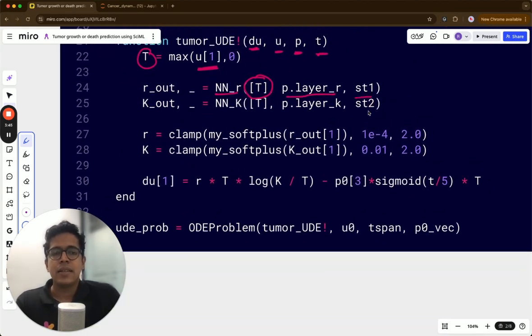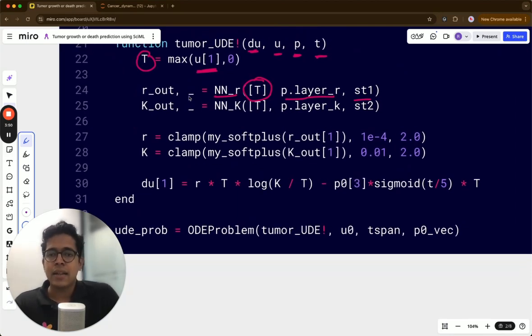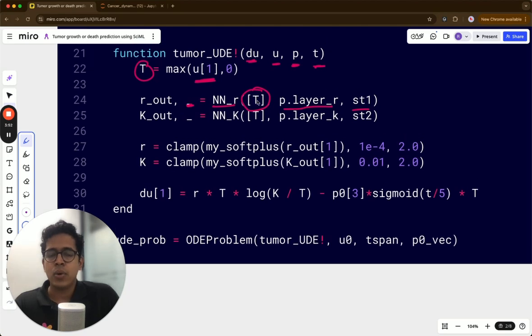And st1 is the state of the first neural network. The underscore means this neural network gives you two outputs, the state and the output value R, but you don't want to store the state. So you write R_output comma underscore, and you are only storing the R output given by the neural network in this variable.